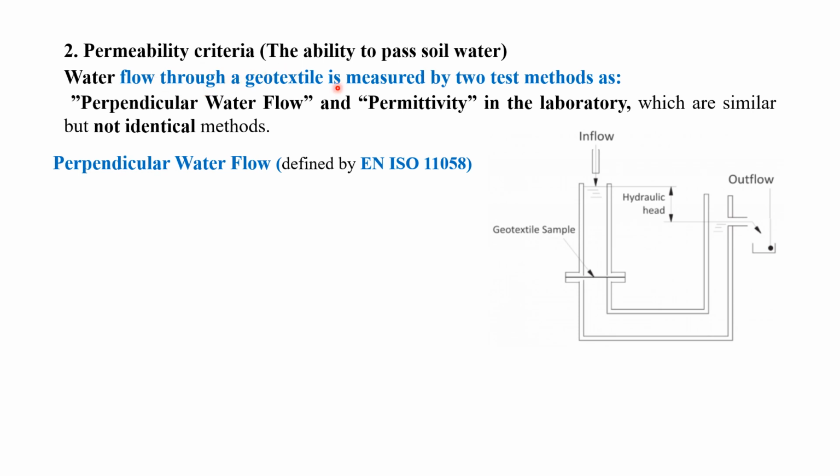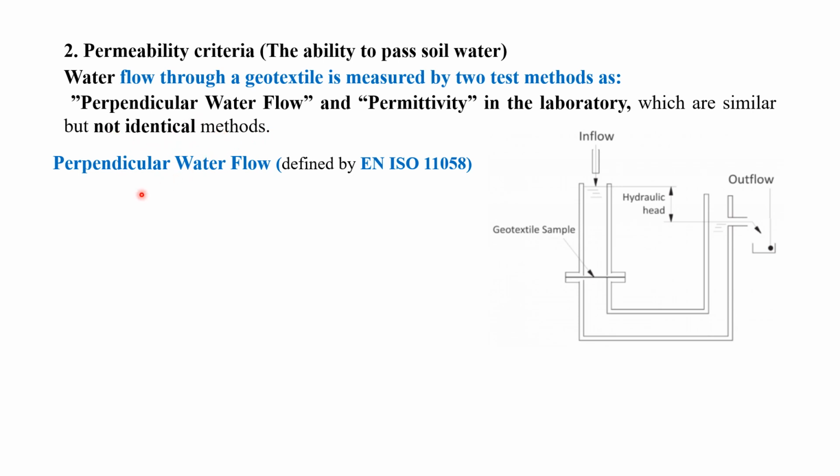Water flow through a geotextile is measured by two test methods in this criteria. One is perpendicular water flow, and the next one is permittivity. These two tests have to be carried out on a sample of the geotextile material in the laboratory. The tests are similar, but not identical methods.